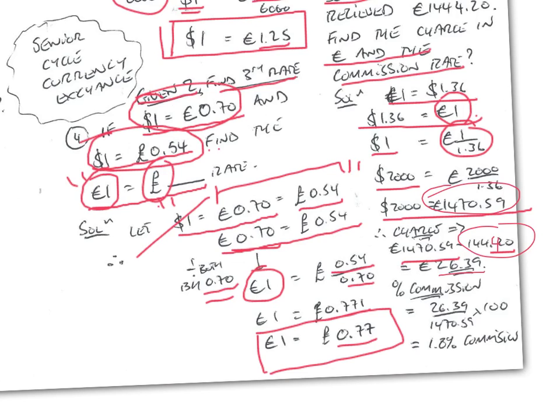Sorry, 1,444.20. Okay, so that's the charge, 26.39 euros. To work out the percentage commission, we simply divide what they were charged by the amount they should have got given the exchange rate, multiply that by 100, and you'll find that that's 1.8% commission.